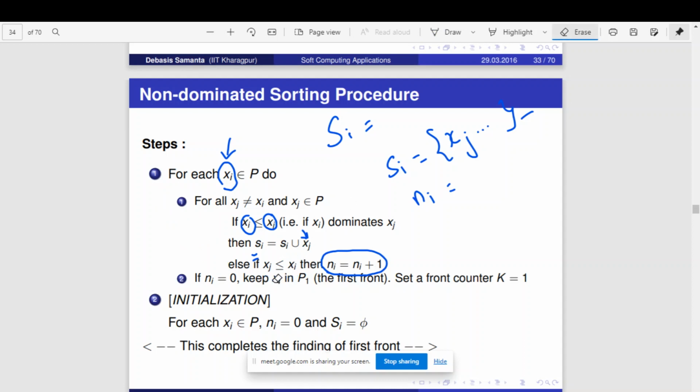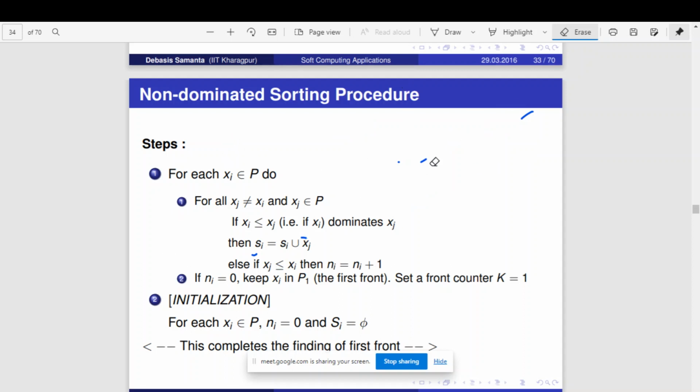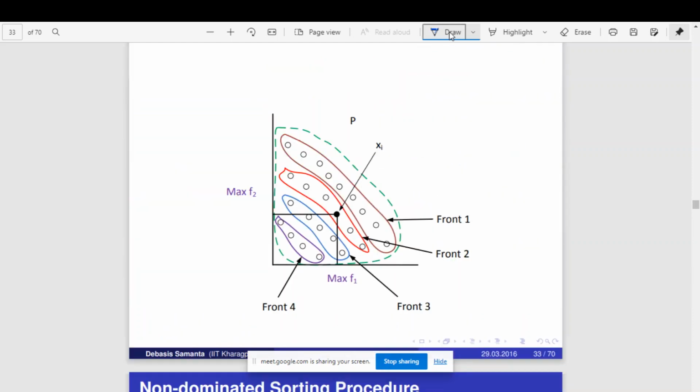If ni is equal to 0, then what does it mean? Yeah, there is no one dominating xi. If that is the case, then xi will be coming in which front? These are the different fronts.